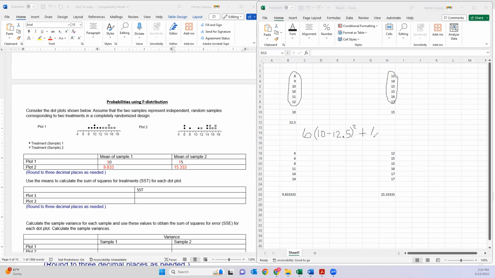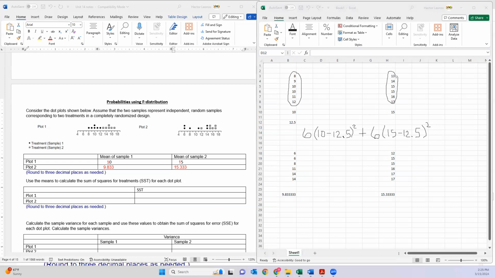There's 6 numbers, so I'm going to put 6, open parentheses. I'm going to do the average of sample 2 minus the average of the whole plot. So I'm looking at 15 minus 12.5 square. So I just wrote what I need to type.